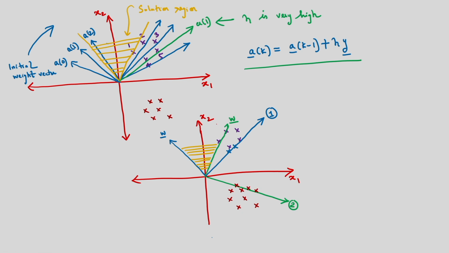So that is why it is better to consider one offset, some tolerance. Maybe this decision boundary we can consider here by considering the offset, and this second decision boundary maybe we can consider here by considering the offset, some tolerance. Then the misclassification will be less. Otherwise, if I consider these limiting cases, there will be misclassification.